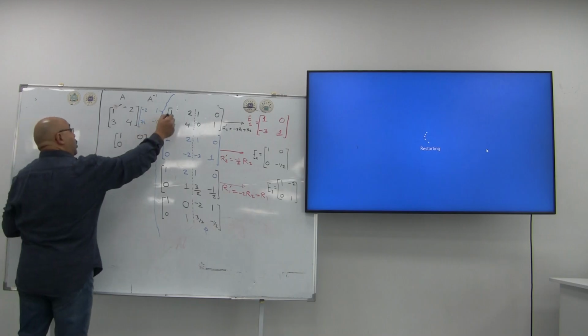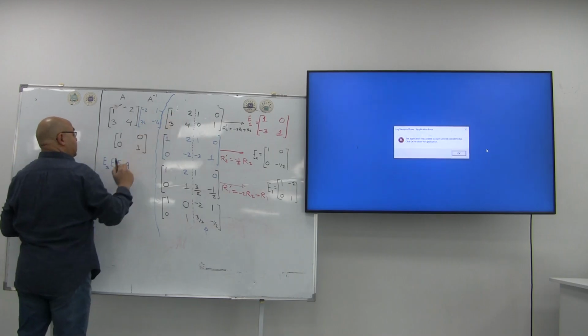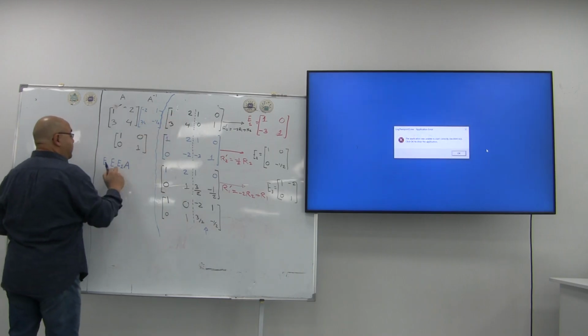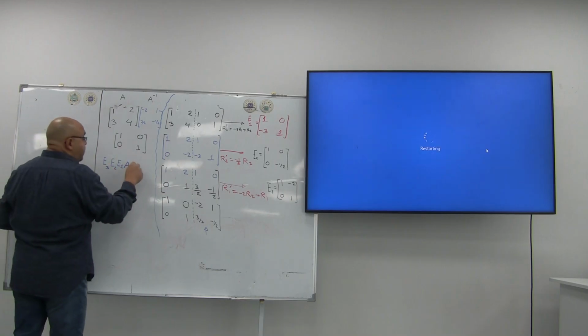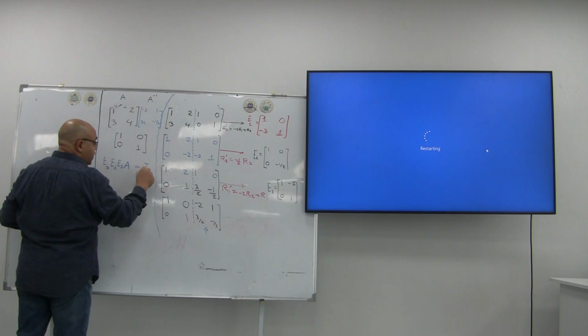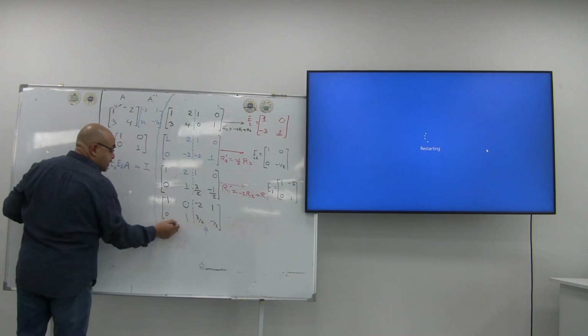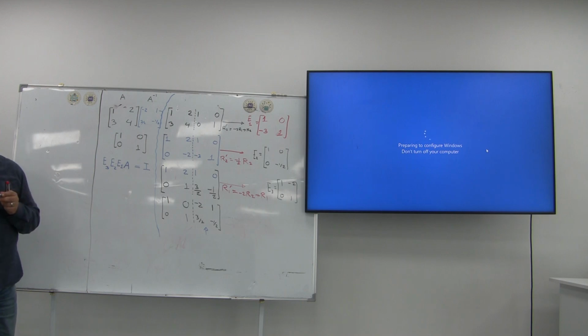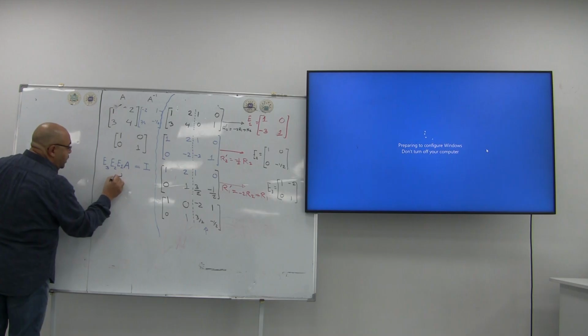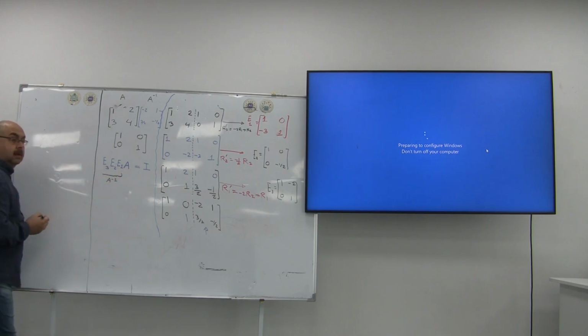When you take matrix A multiplied by E1, the result will be multiplied by E2, the result will be multiplied by E3. We found ourselves in front of a unit matrix. This is the unit matrix that you have. Which means that E3, E2, E1 is actually A minus 1.